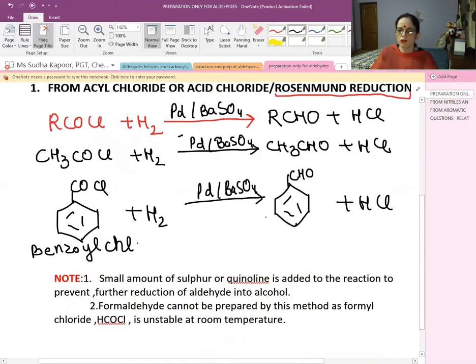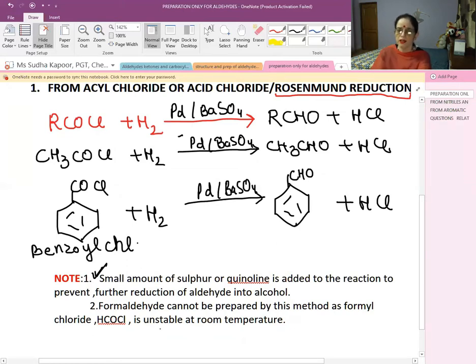A small amount of sulfur or quinoline, a very important thing, is added to this reaction in order to prevent the further reduction of aldehyde into alcohol. We know that aldehyde on reduction is converted into alcohol.